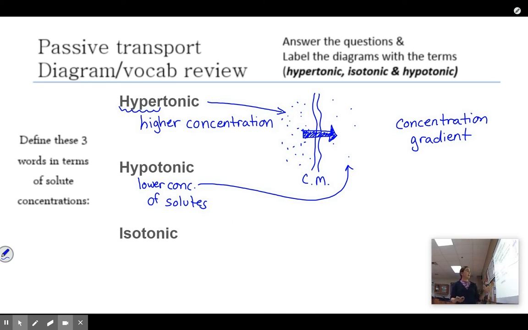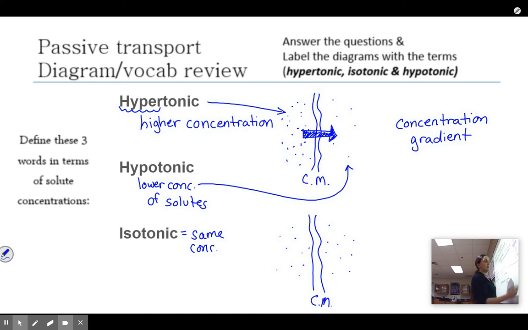This will stop when they reach an isotonic state, where they have the same concentration on both sides. So that would look kind of like this. That's our cell membrane. That's probably not the same number of particles, but you get the idea. This is an isotonic state.